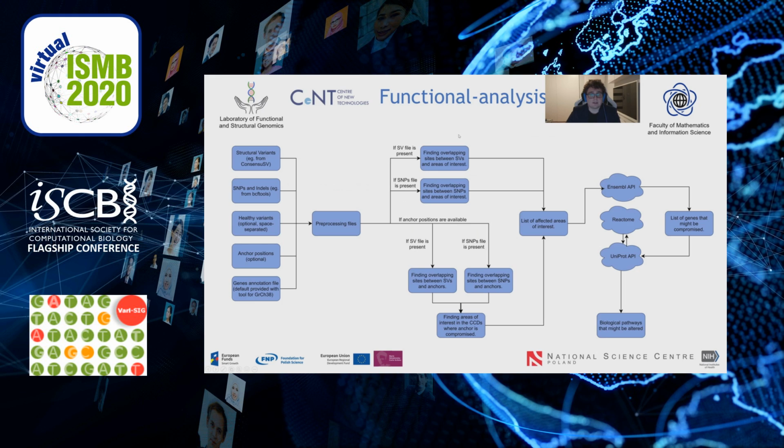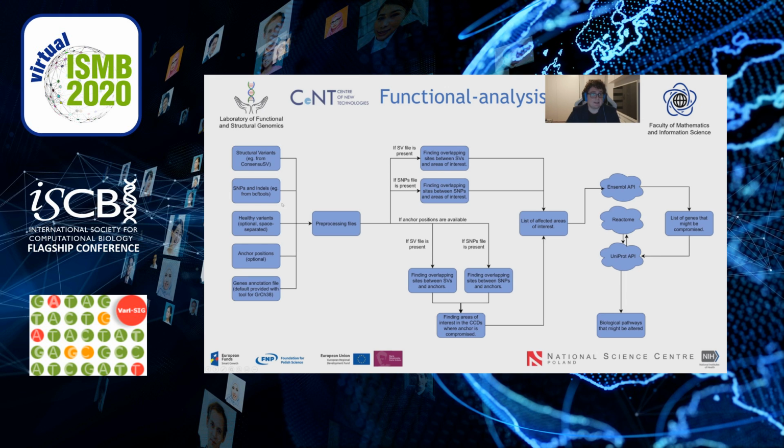After creating ConsensuSV, we also created a functional analysis tool, and you can see its pipeline there. As you can see, there are 5 inputs, however some of them are optional. The first input is structural variants, for example from ConsensuSV.